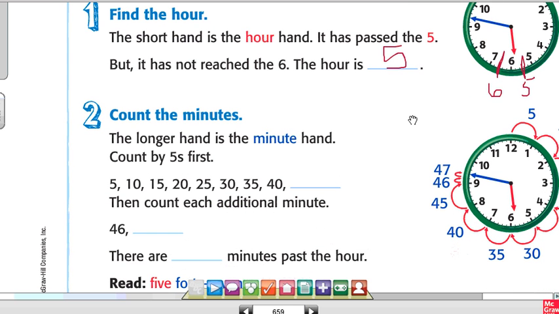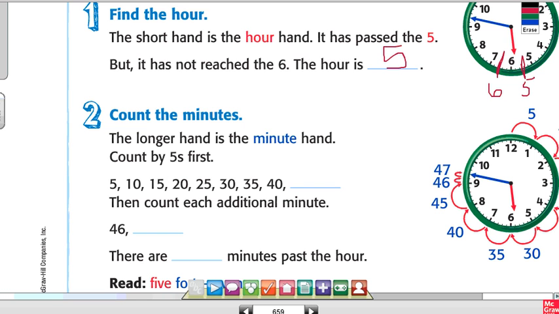So then count the minutes. You notice that from 12 to 1 is how many minutes? 5. So we're counting by 5s all the time, right? It says the long hand is the minute hand. It tells you right there, count by 5s.